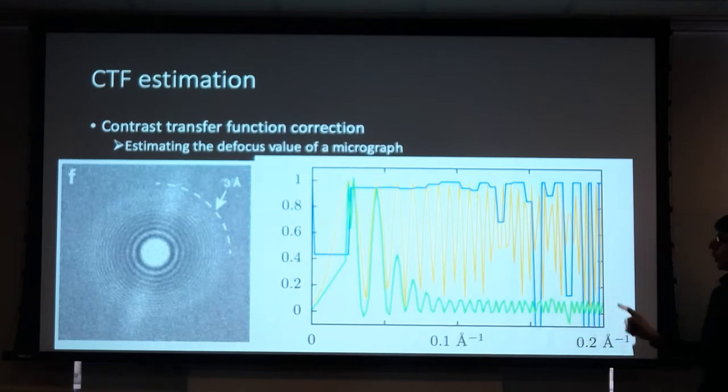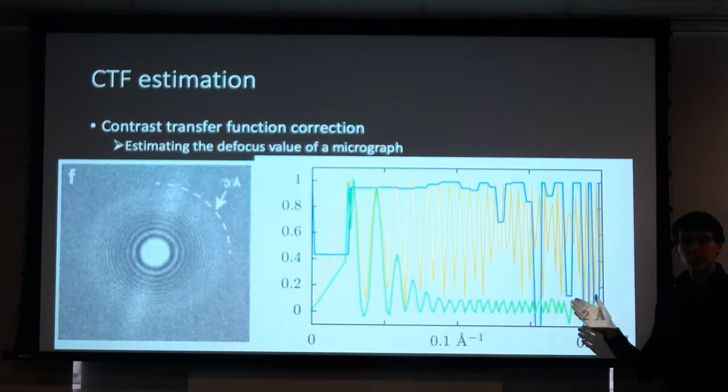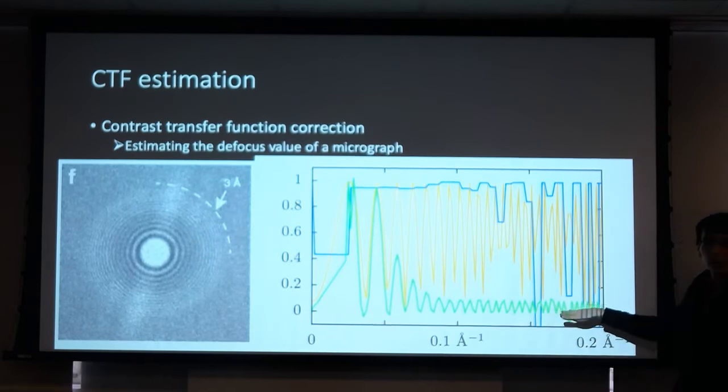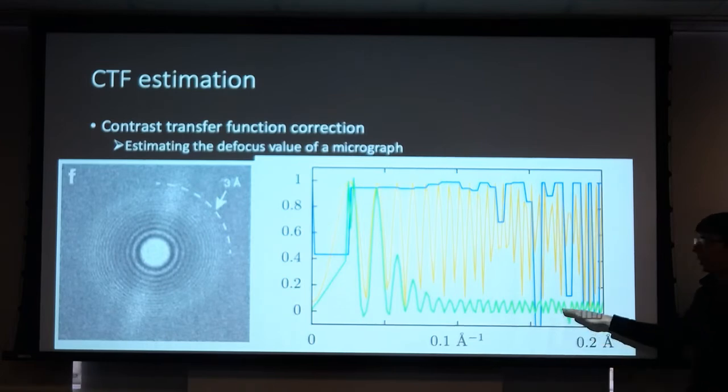And so one way to have less chance of destroying your data here is actually to collect data at low defocus. If you collect data beyond 2 micron defocus, the oscillations here around 3 angstroms and beyond are extremely rapid, all the way down to less than a pixel, less than a Fourier pixel, so you can't correct for it.